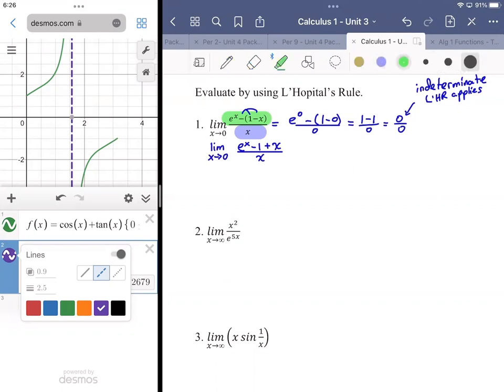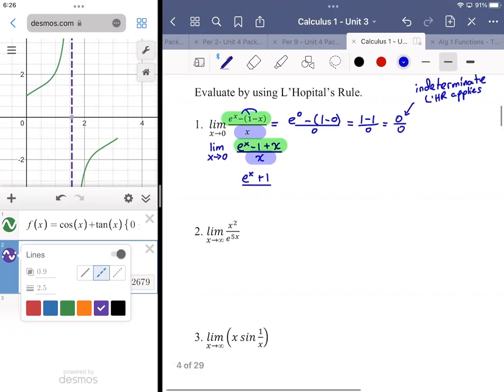Now we'll take the derivative of the top, derivative of the bottom. Derivative of e to the x is e to the x. Derivative of 1 goes to 0. Derivative of x goes to 1. And then on the bottom, the derivative of that x would become a 1.